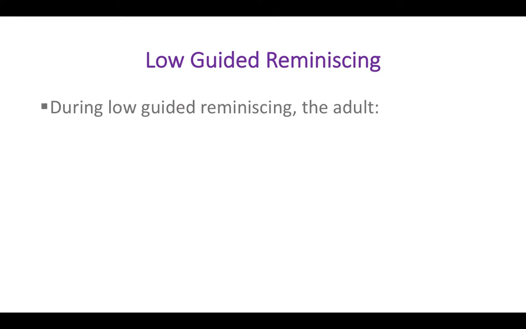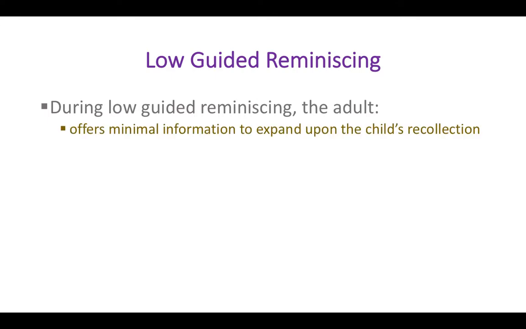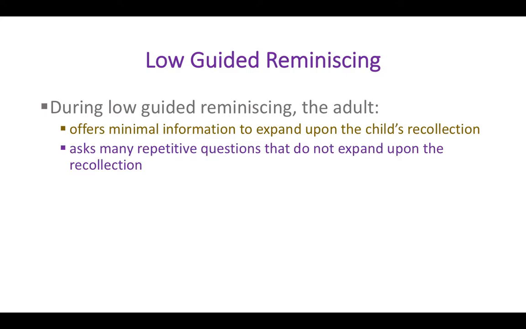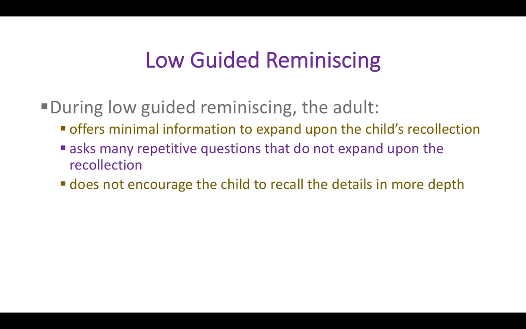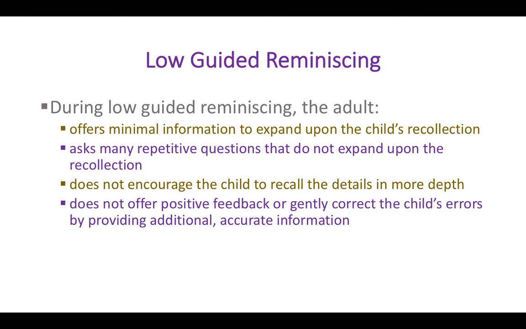During low guided reminiscing, the adult communication partner offers minimal information to expand upon the child's recollection, asks many repetitive questions that do not expand upon the recollection, does not encourage the child to recall the details in more depth, and does not offer positive feedback or gently correct the child's errors by providing additional, accurate information.